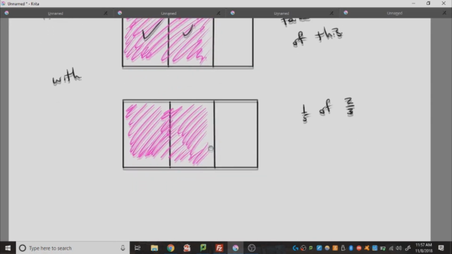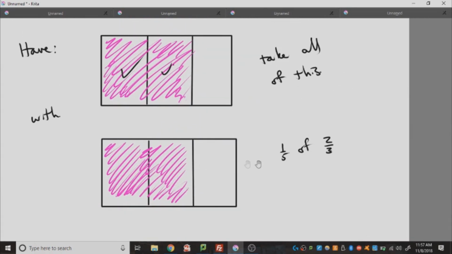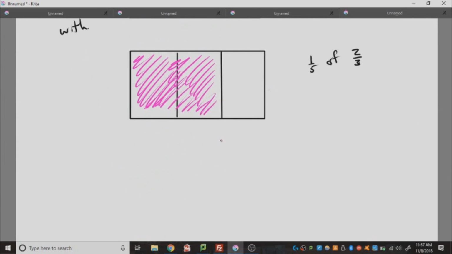I now have to do the straightforward fraction multiplication like before. So maybe cover that, so I don't think about it too much. Now, just to streamline this, I'm not going to write all the words every time because we've done it before. Oh, not pink.